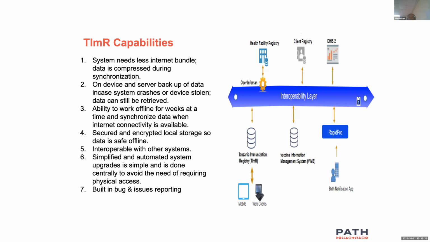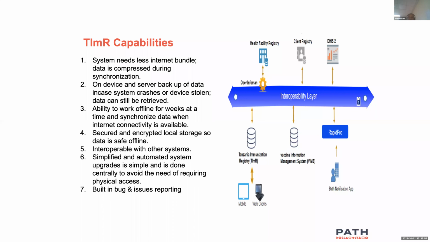So a facility that is purely disconnected, with no internet connection, can completely work offline, then find a place where they can synchronize data. Another capability is secured and encrypted local storage. The system is also interoperable.